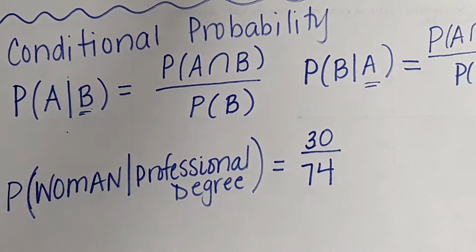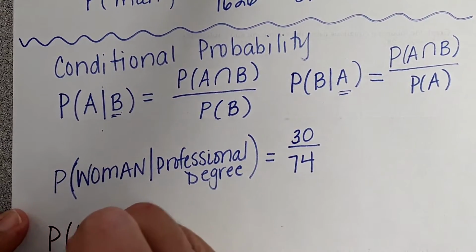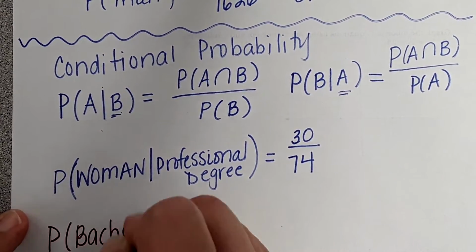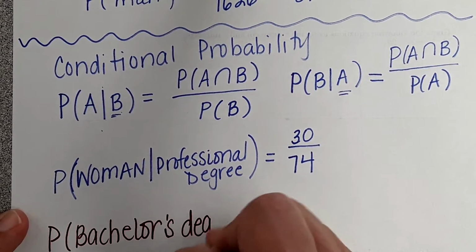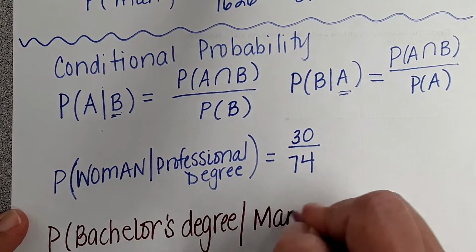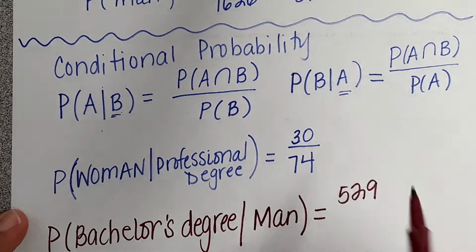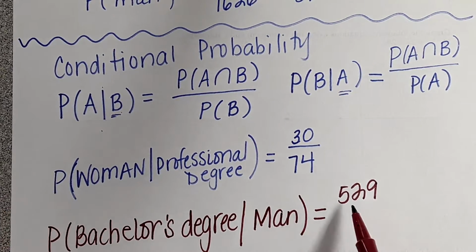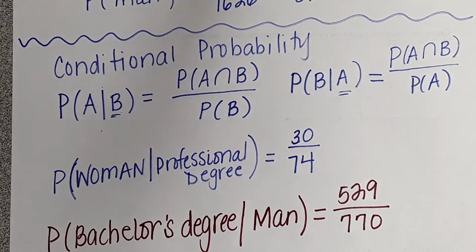So when we write this, the probability of the bachelor's degree given that they are a man: there are 520 men that have a bachelor's degree, right? So 520 men have a bachelor's degree, and there were 770 men altogether.